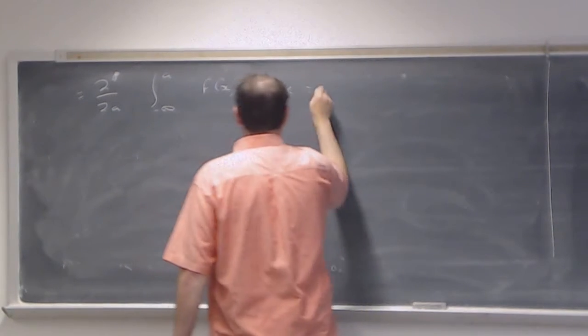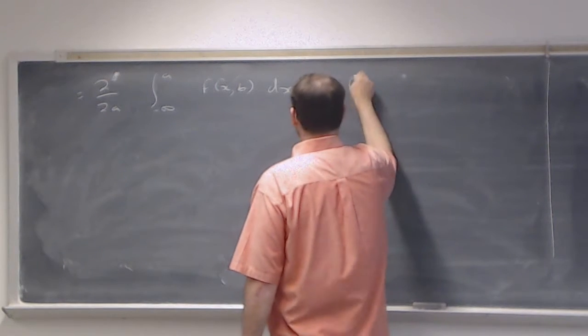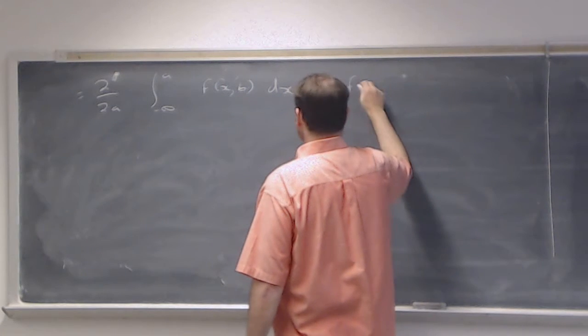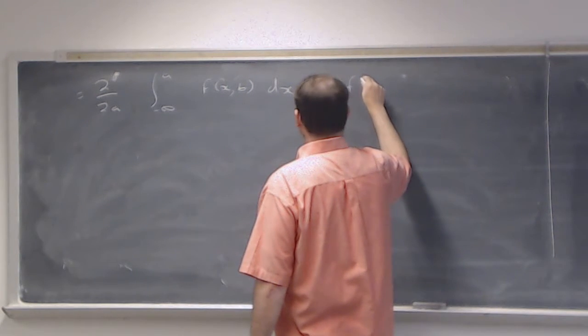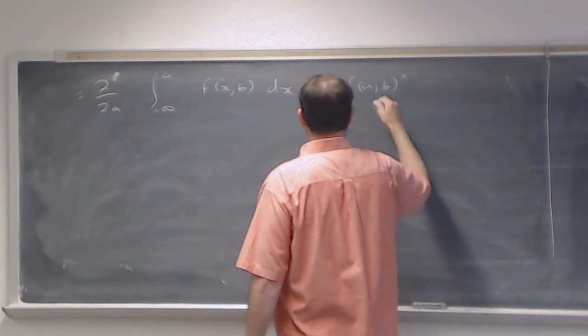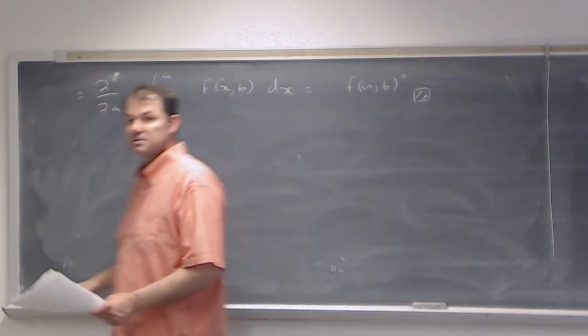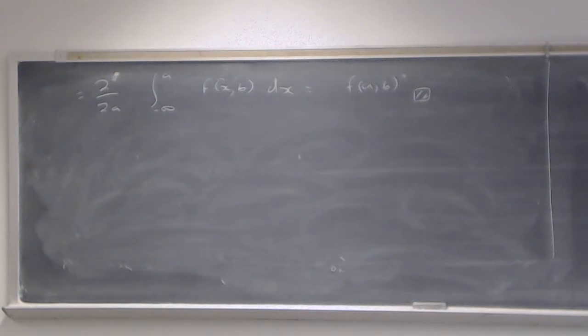And now, again using the fundamental theorem of calculus, where b is a constant, this is f of a, b, and that's what we're trying to prove. So that ends this fact's proof.